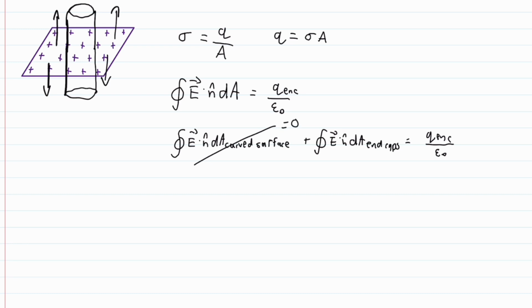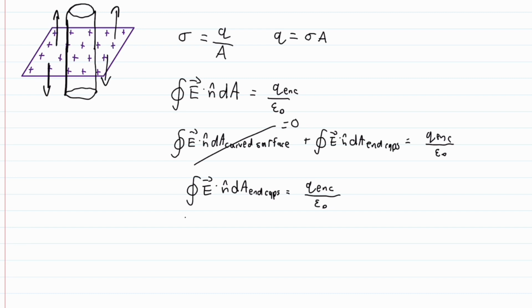So we can rewrite this as E dot n dA for the end caps equals Q enclosed over epsilon naught. Now, because we have two end caps, this term is going to be 2 of these terms.